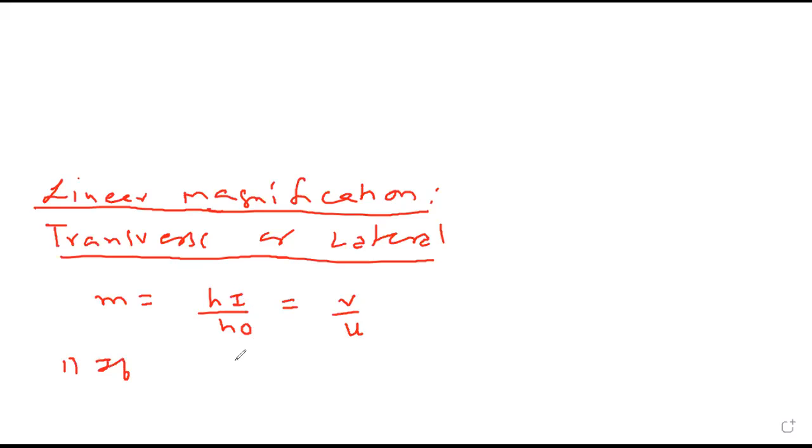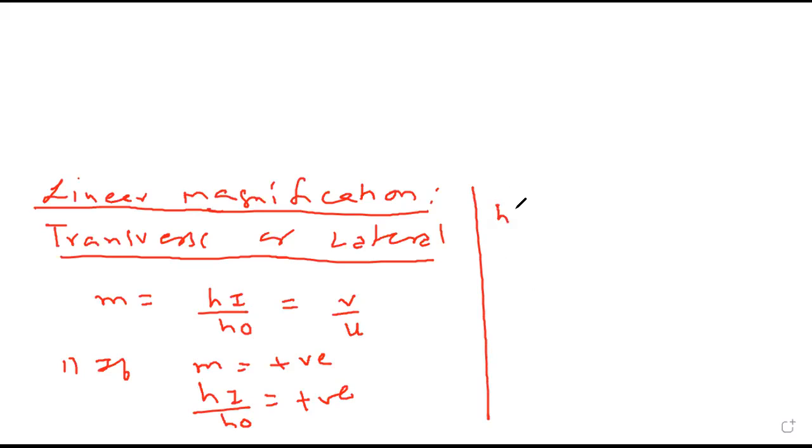If m is positive, that means height of image upon height of object is positive. In this case, object and image both are erect, correct? That means image and object have same sign.